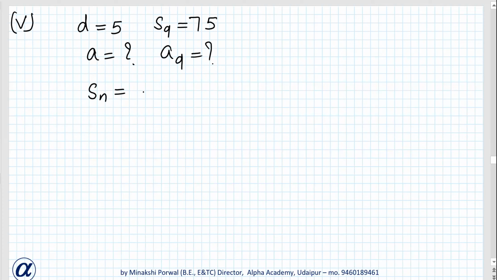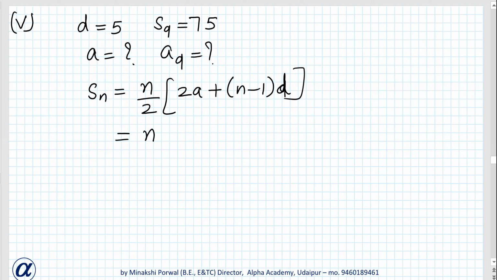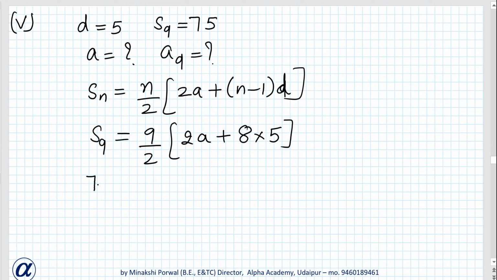Sn equals n by 2 times 2A plus n minus 1 D. So n we don't know, A also we don't know. But n we know, it is 9 here. It will be 9 minus 1, 8, and D is 5. And S9 is 75.